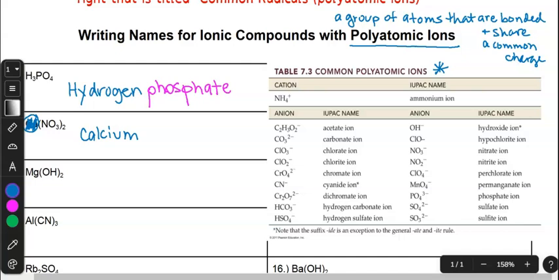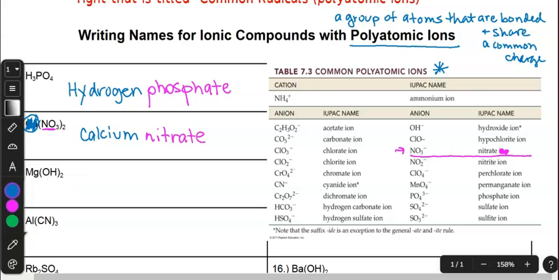Now, if I had only 1 capital letter, then that's an element and I would just look for it on the periodic table itself. But if you look for NO3, you're not going to find it. So we need to find NO3 here on our chart, and here it is right here. NO3 is called the nitrate ion. You're going to drop the word ion and just write in the word nitrate.